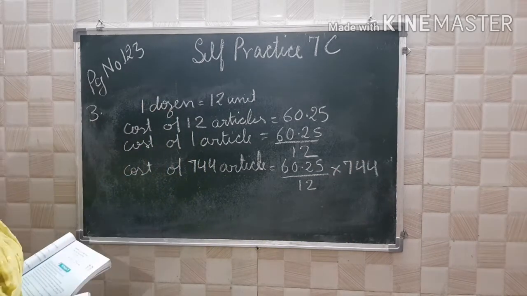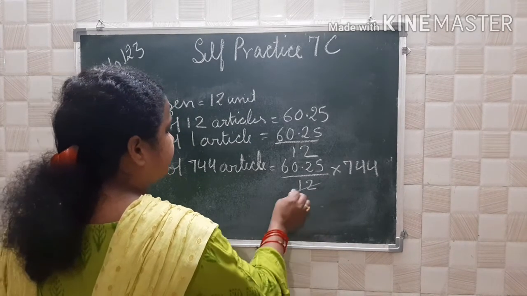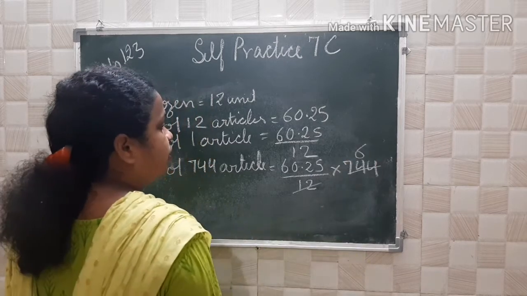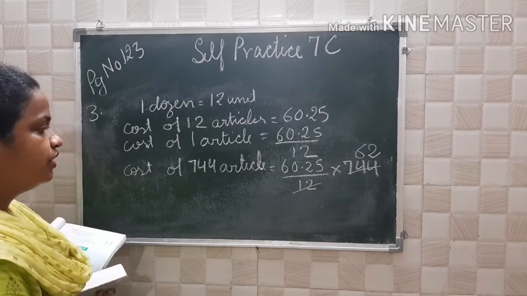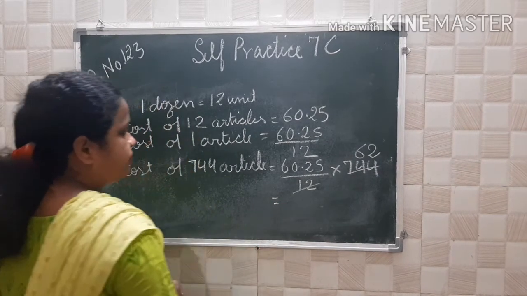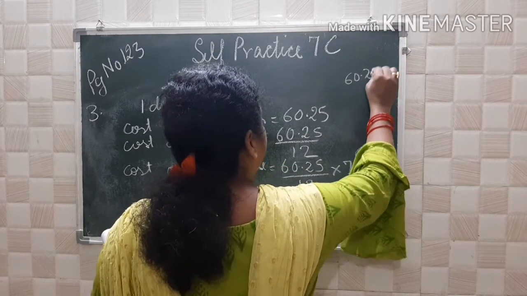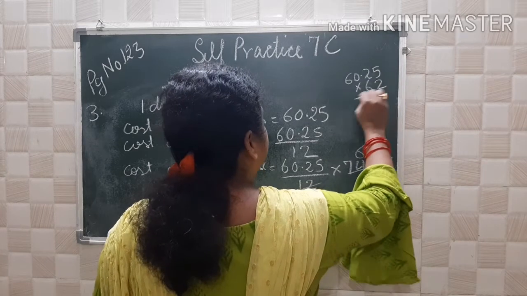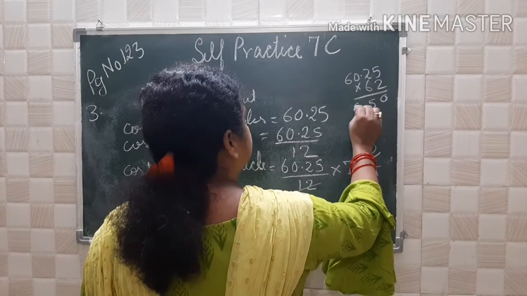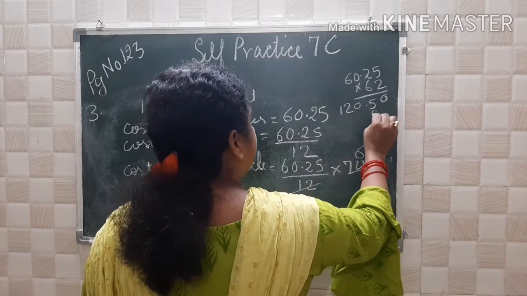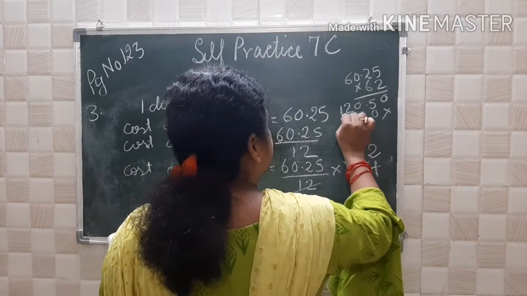Okay. Now see, 12 6s are 72 and 12 2s are 24, so 12 62s are 744. Now what you have to do is multiply 60.25 into 62. I am doing it here. 60.25 into 62. 5 2s are 10, 2 2s are 4 and 1 is 5. 2 zeros are 0. 2 6s are 12. 6 5s are 30, carry 3. 6 2s are 12, 15, carry 1. 6 1s are 6.